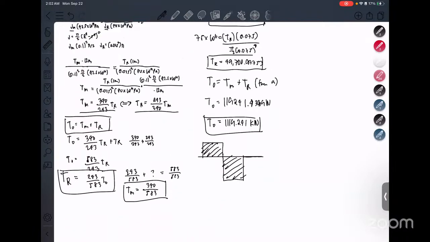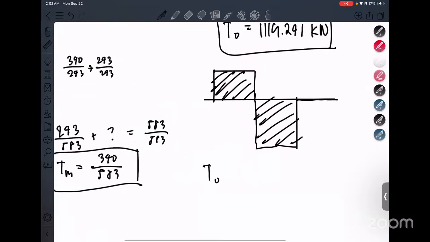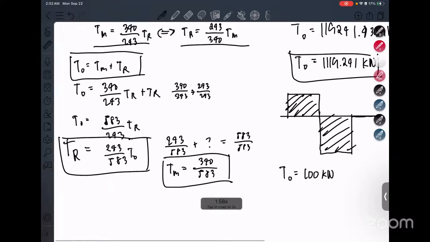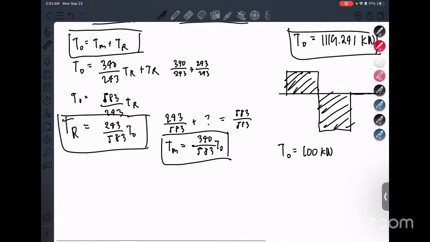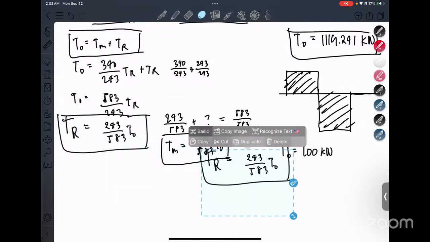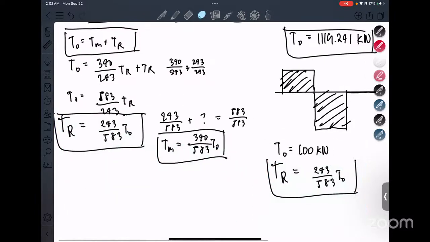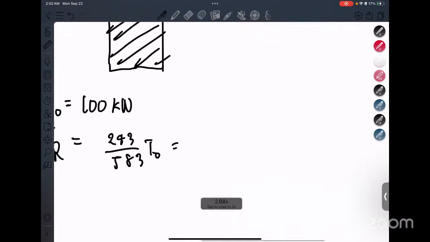If we try to solve this, again, using this relationship, we have T naught equals 100 kilonewtons. We can just use the relationship here. So using these two, we can find out TR is equal to 41.681 kilonewtons.